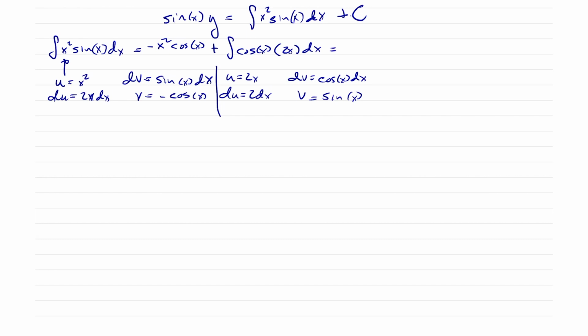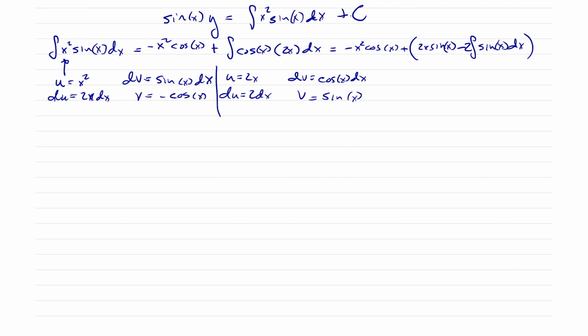All right, so now let's see what we get. I'm still going to have this minus x squared cosine of x plus, again, the new u is 2x, and the new v is sine of x, minus the integral of v du, so sine of x, and it was just 2 out of du, 2 dx.